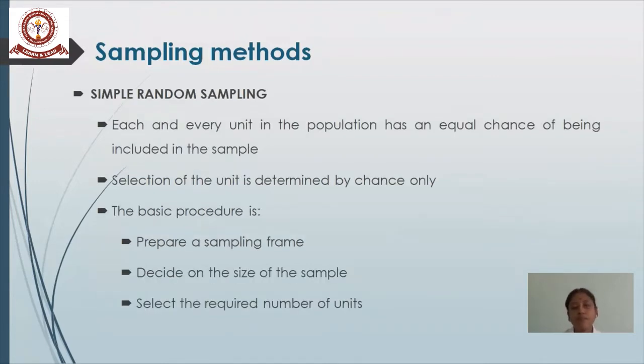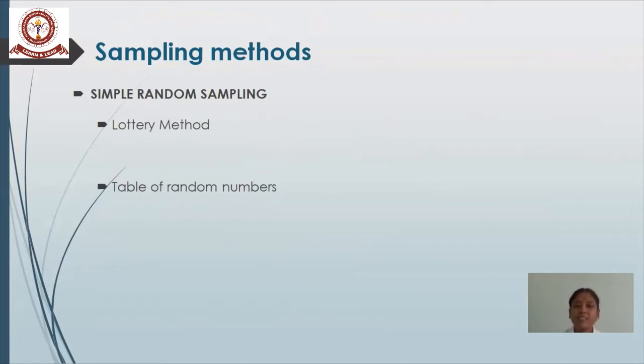The first type is simple random sampling, which tells that each and every unit in the population has an equal chance of being included in the study. The selection of a unit is determined by chance only. The basic procedure is to prepare a sampling frame, decide on the size of the sample, and select the required number of units, which can be selected using the lottery method or a table of random numbers.